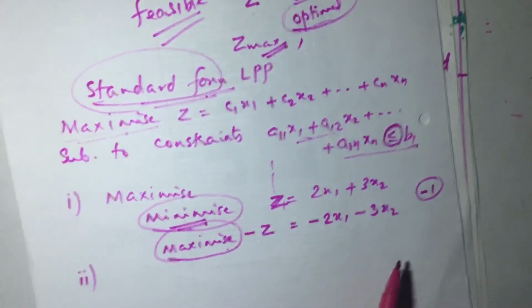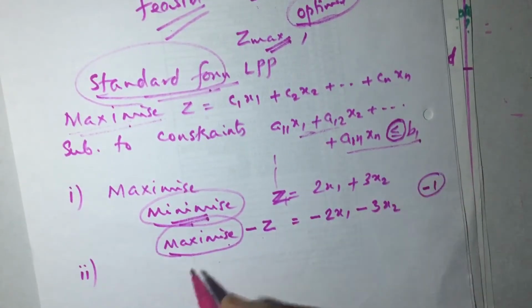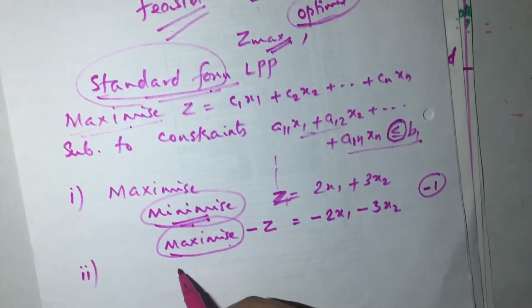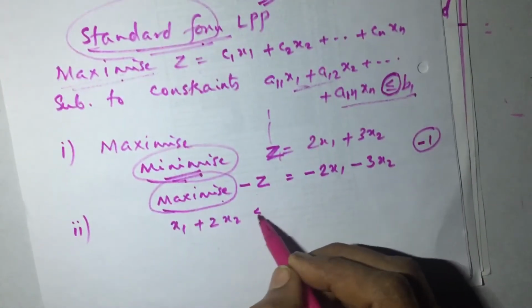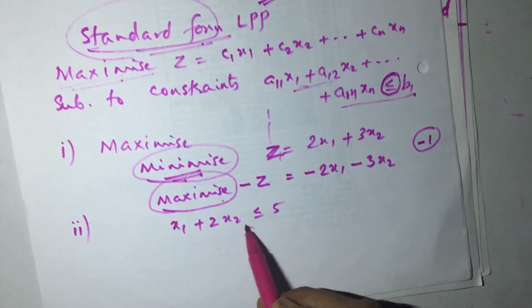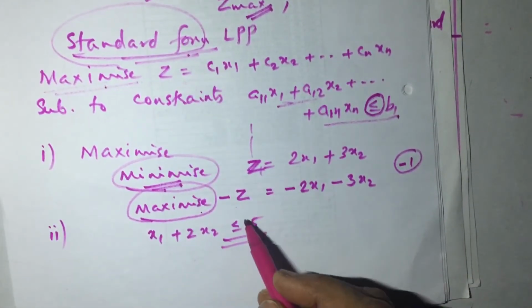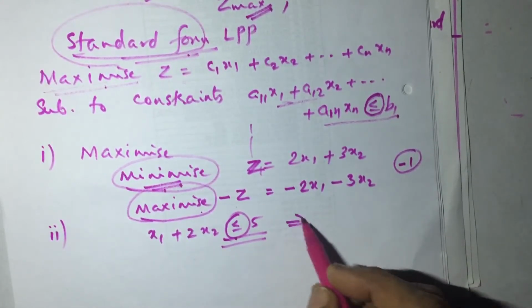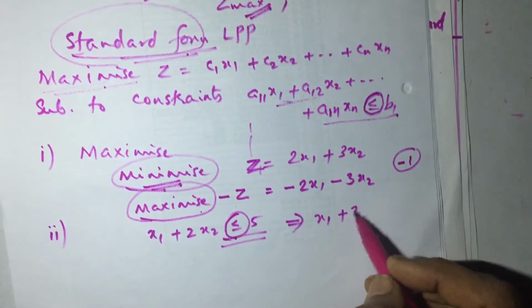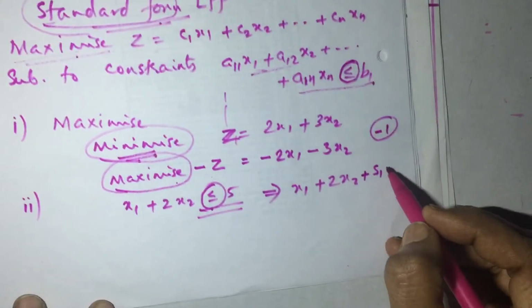If a constraint is given as less than or equal to type, say x1 plus 2x2 is less than or equal to 5, then to be in standard form you have to convert it to an equal sign by putting in a slack variable: x1 plus 2x2 plus s1 equal to 5.